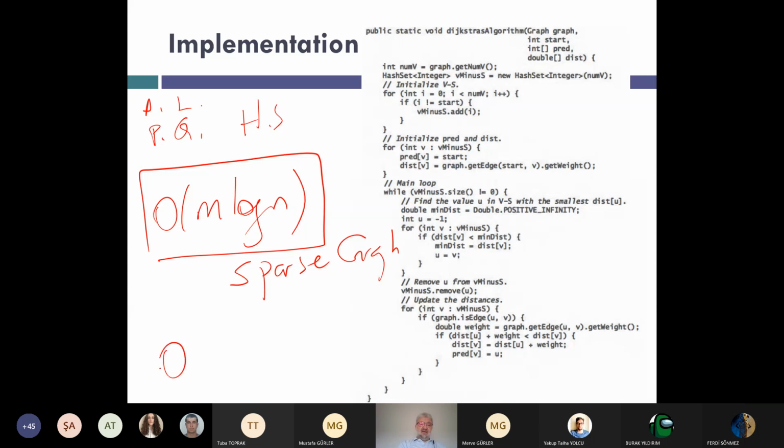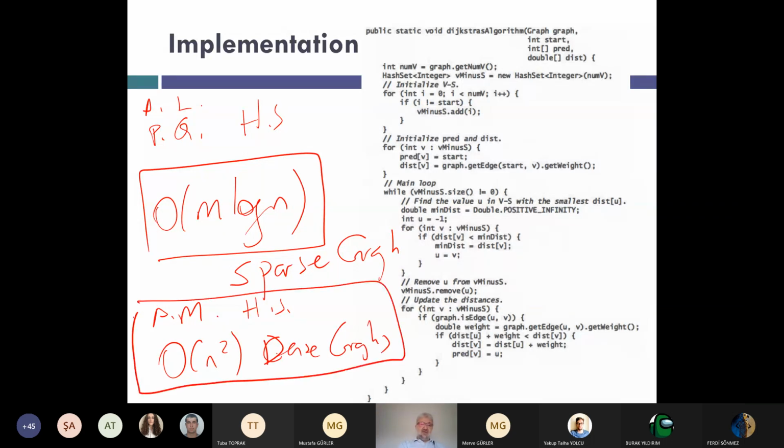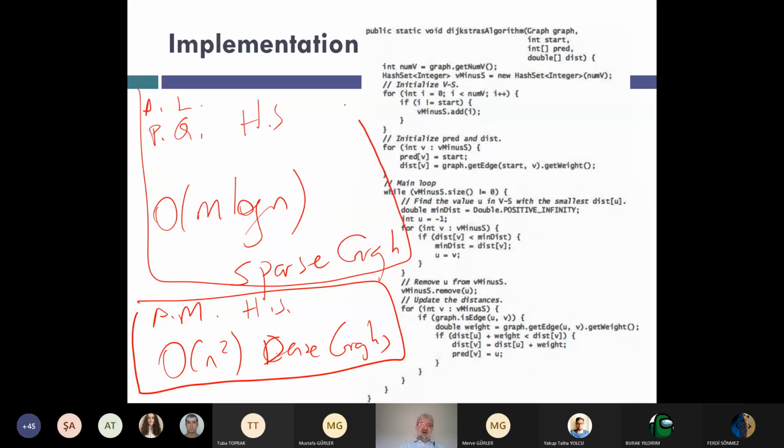And you can get O(n squared) running time if you use adjacency matrix and hash set without using a priority queue, and it is good for dense graphs. So this is for dense graphs. This is for sparse graphs.